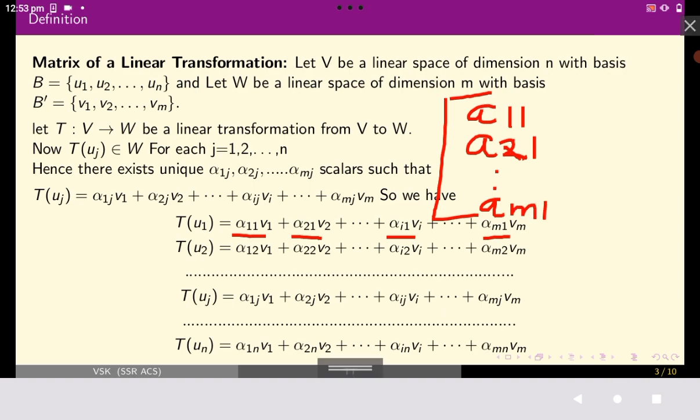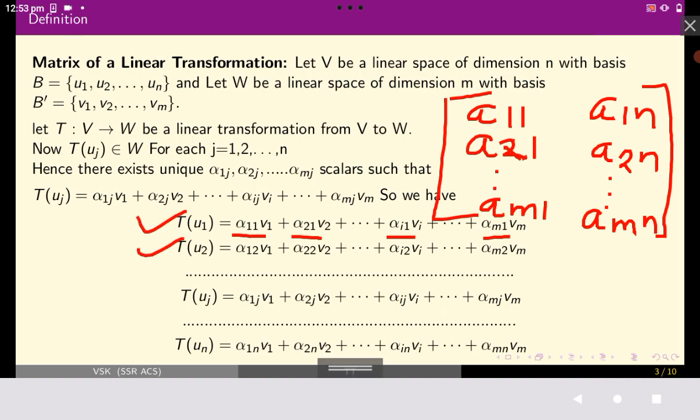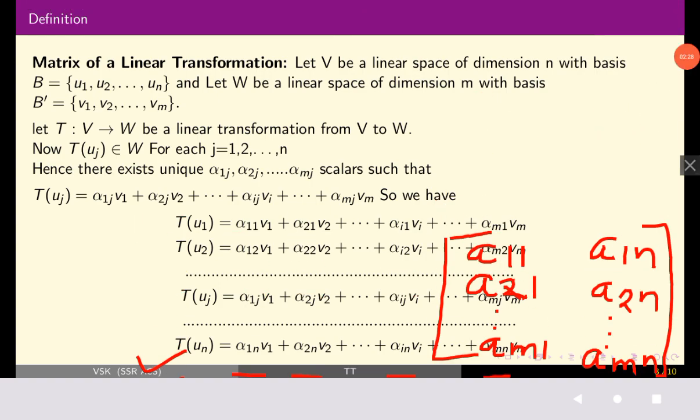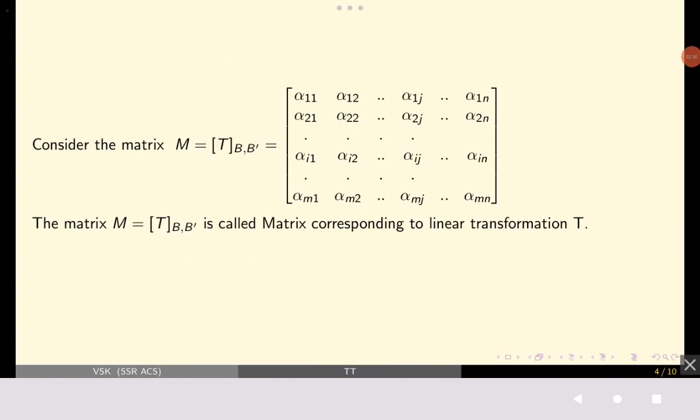And like this way all these vectors will come, and the last vector will come as a1n, a2n, and the last one will be amn. So simply we'll have to write the coefficients of these vectors as a column vector, and we'll get the matrix like this.